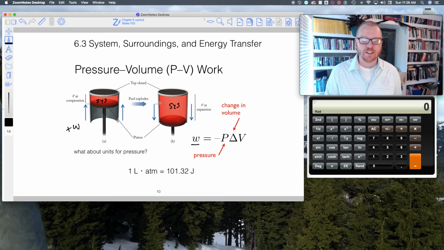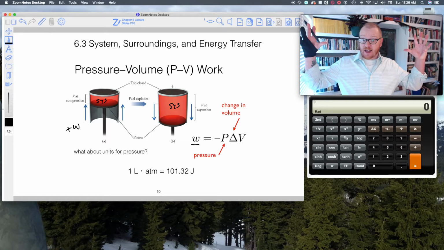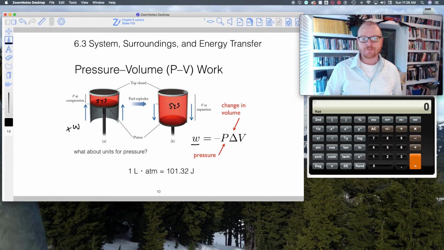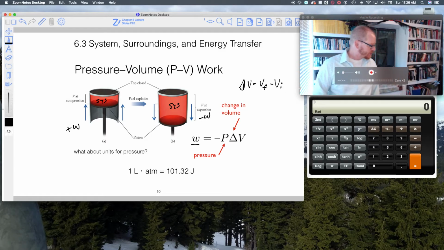Now the fuel explodes, that causes an expansion, and so then that's negative work because the work is being done on the surroundings by the system, okay? And the equation that we use to calculate that for pressure volume work is P delta V, where yes, delta V, as you might have guessed, being a state function, capital V, is V final minus V initial.